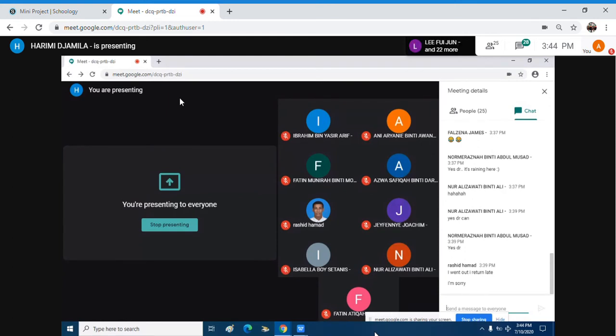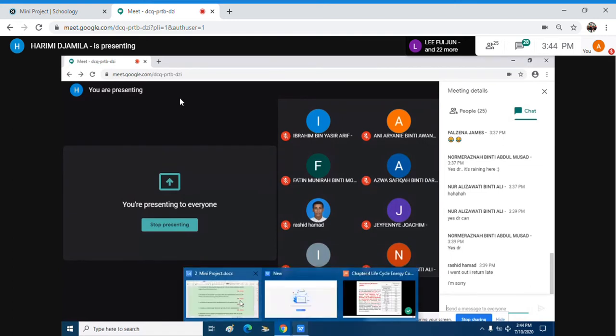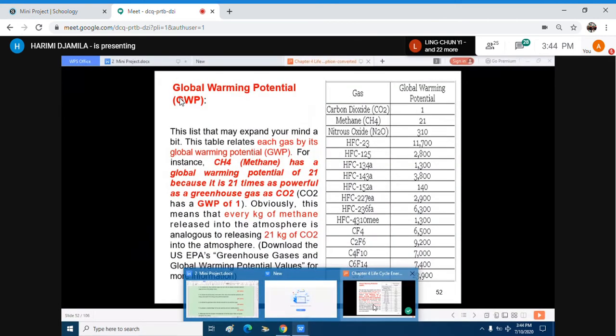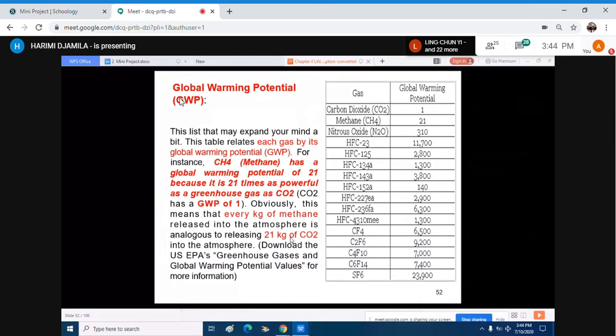All right. So I show you in the slide the global warming potential. There are many types of gases that contribute to global warming. Example, carbon dioxide, methane, nitrous oxide, etc. I'll show you some of it. The unit of global warming is carbon dioxide, so it has one unit.